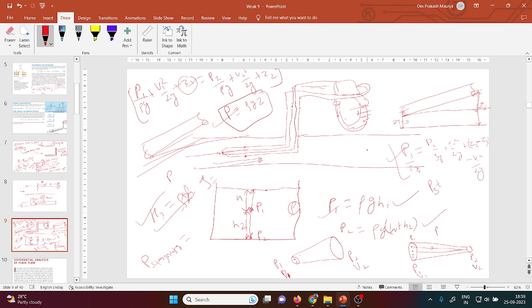The P1 will be greater than P2, and V1 will be V2. This combined thing is showing the stagnation pressure, not only the static. So always remember, in mechanical engineering this is very useful, the diffuser. So your particle is moving like that.